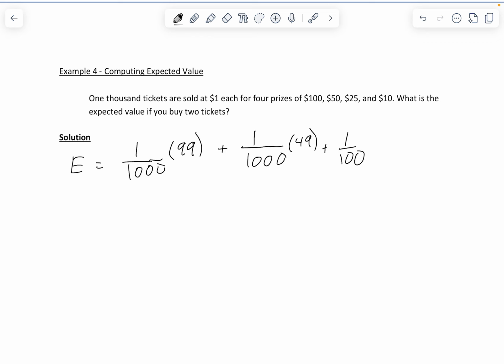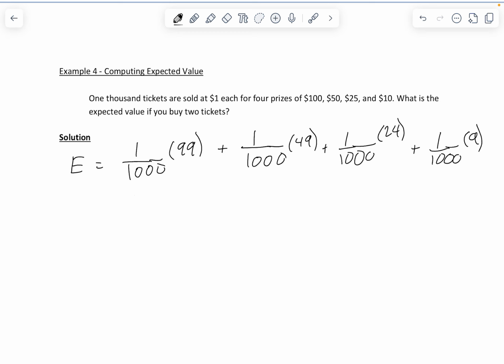The probability of winning the $25 prize is 1 out of 1,000. You get to keep $24 for that. And the probability of winning the $10 prize is 1 out of 1,000, and you get to keep $9 for that.